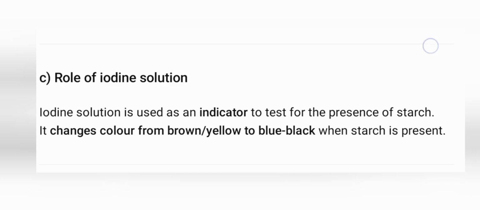I repeat, the role of iodine solution is to be used as an indicator to test the presence of starch. It changes color from brown or yellow to blue-black when starch is present, and remains the same, that is brown or yellow, when the starch is absent.